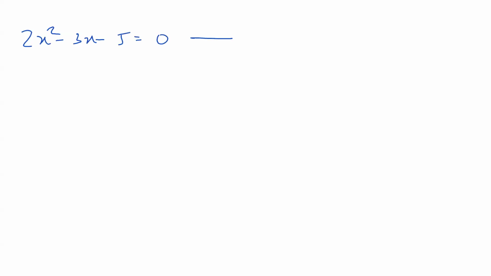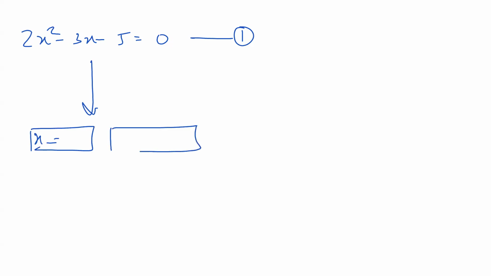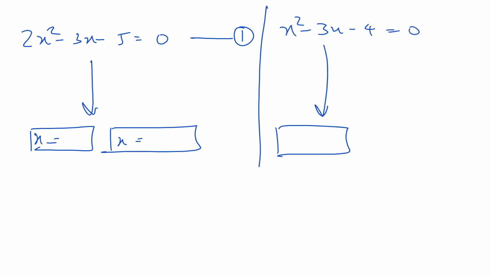This is quadratic equation number 1. Okay, solve this, get the values of x. Come on, tell me. Anyone? And quadratic equation number 2, there is no k over there. Okay, so we'll just simply solve this.